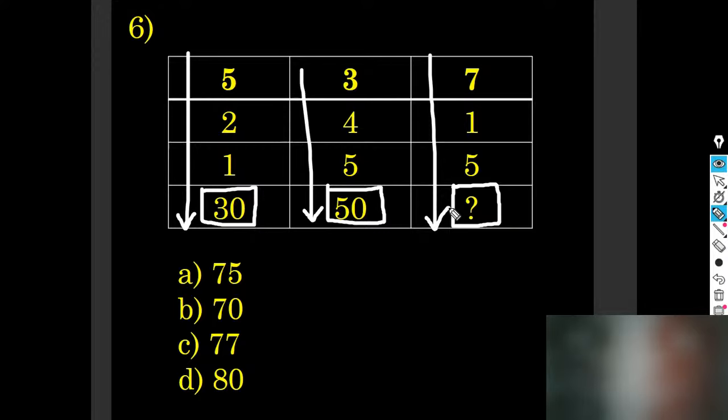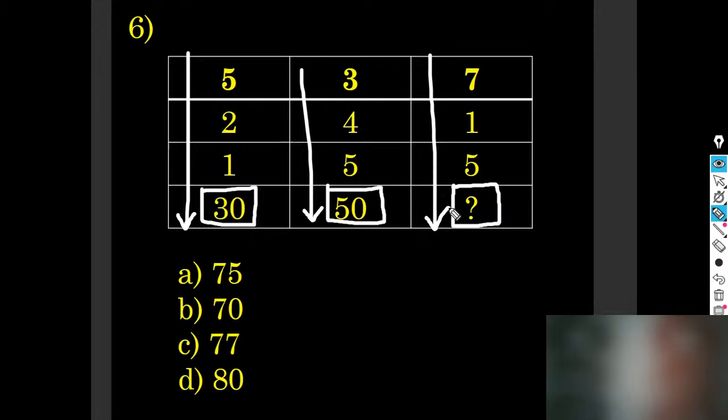We have 5, 2 and 1. Next it is 3, 4, 5 gives us 50. 7, 1 and 5 gives us what? 75. Okay, so let us check.